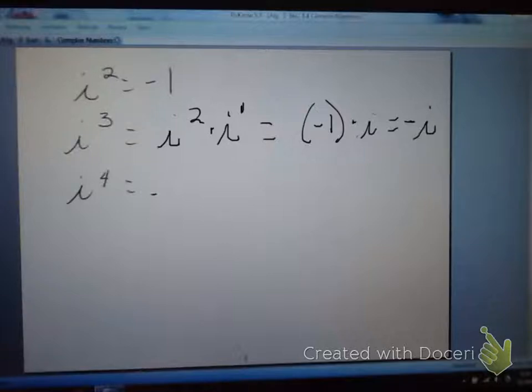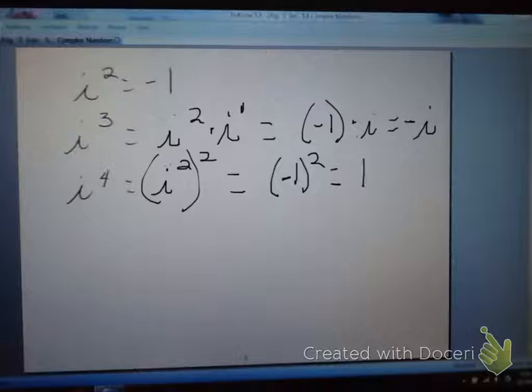I to the fourth, I'm going to break that down to I squared squared. Remember, power of a power, we can multiply the exponents. And again, anytime we see I squared, we replace it with -1. So that's -1 squared, which is a positive 1.